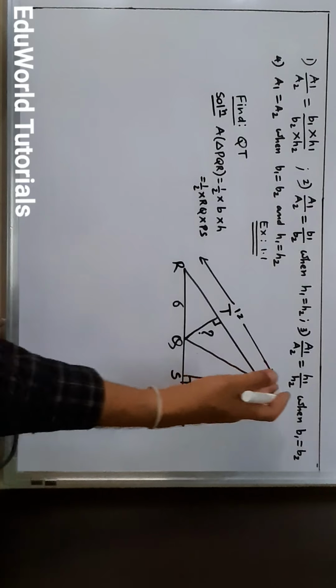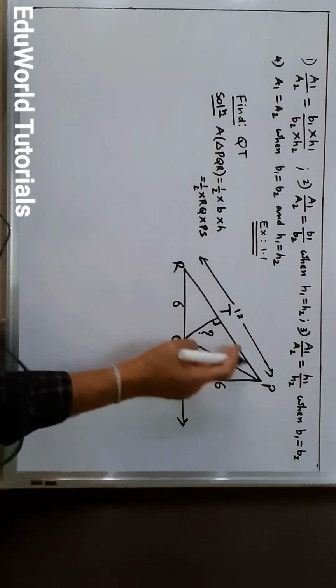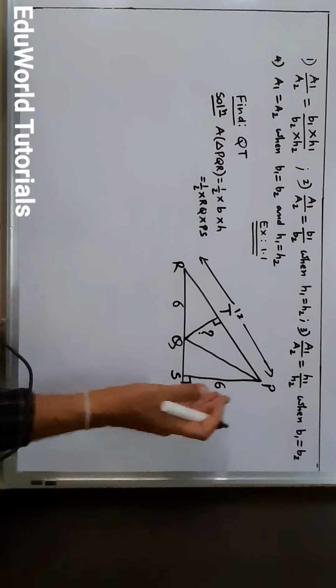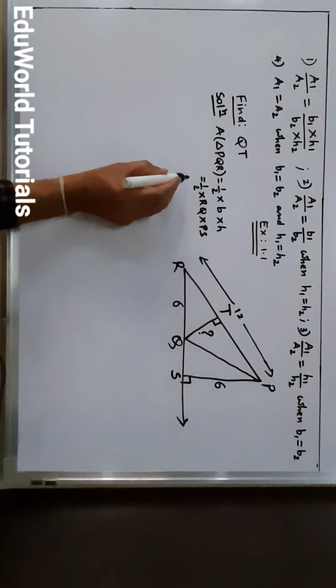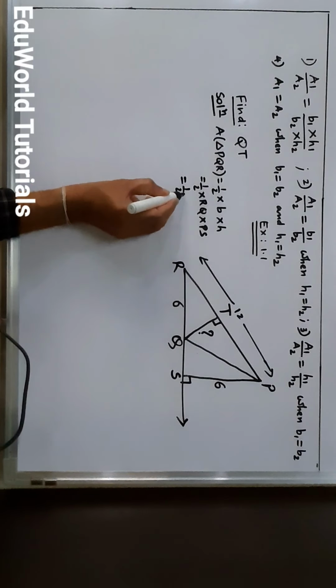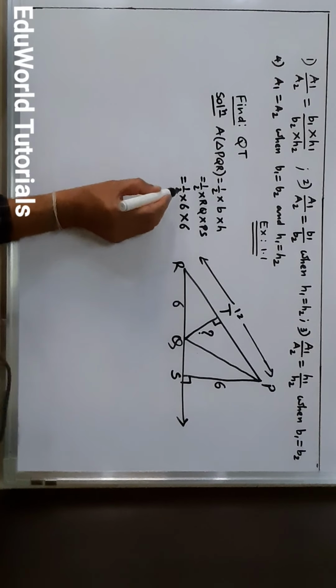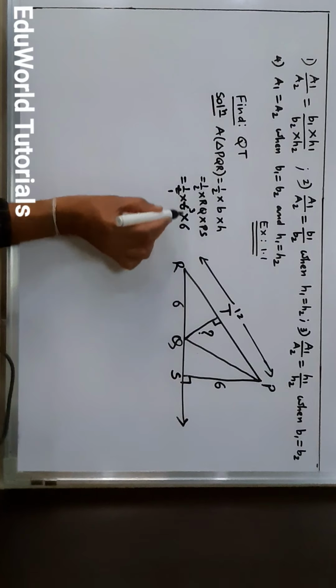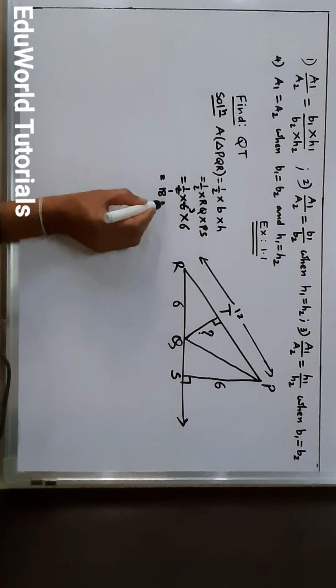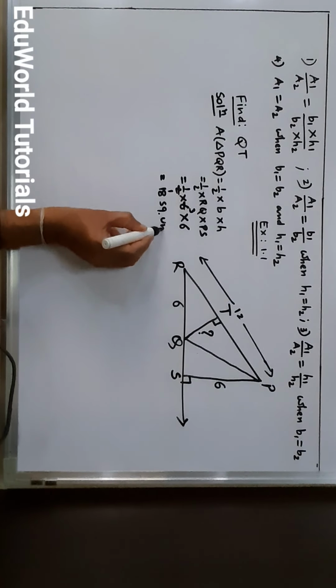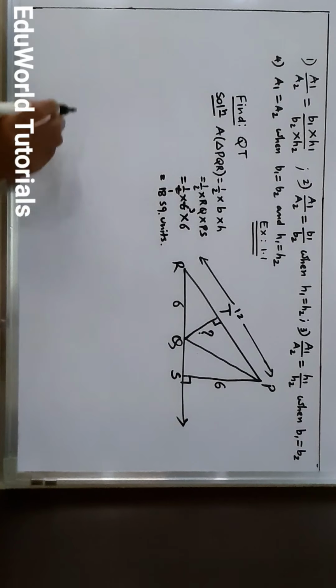This is an obtuse angle triangle, so base has to be extended for drawing the height. Now values are given. Half into RQ is 6 and PS is also 6. We can cut this, 2 3s are 6. So 18 square units is the area of the triangle PQR.